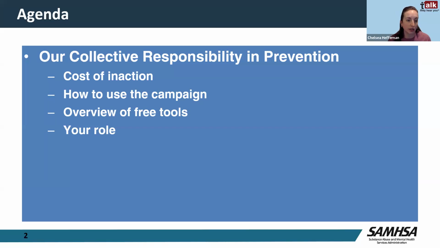And that's why we're here to talk to you today. We're going to talk about how to use the campaign, an overview of all the free tools that Jenny described a bit, and then we'll really talk about how this campaign supports your role in driving those upstream solutions for students.